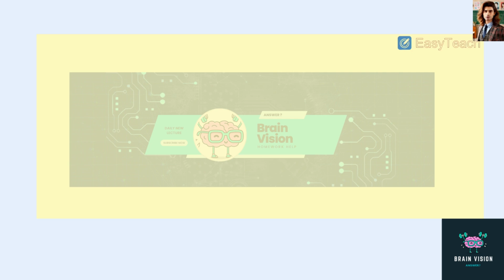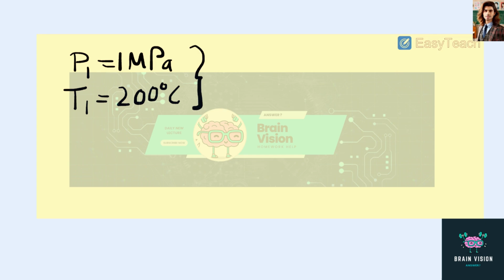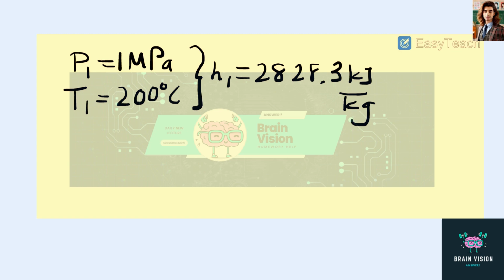Next, we're going to define our properties and look these properties up through the table. So for the steam, we know that the incoming pressure is 1 MPa and the incoming temperature is 200 degrees C. Knowing these two quantities, we can look up our incoming enthalpy to be 2,828.3 kilojoules per kilogram. We can also use the exit parameters of the steam. We know the pressure is the same at 1 MPa, and we also know that it exits as a saturated liquid.